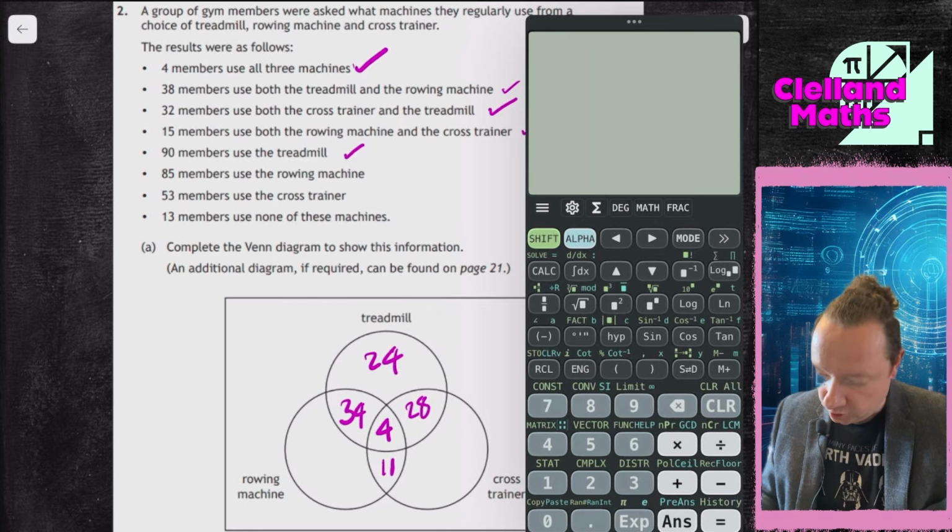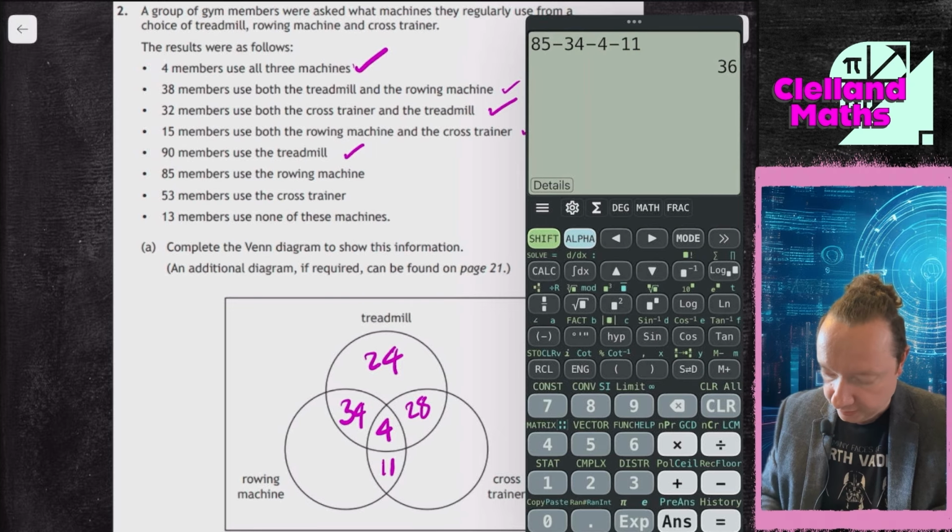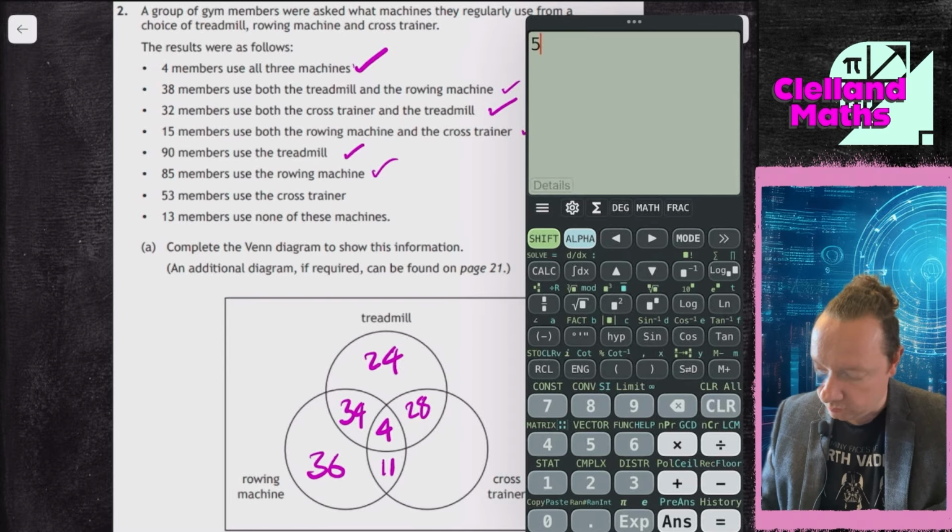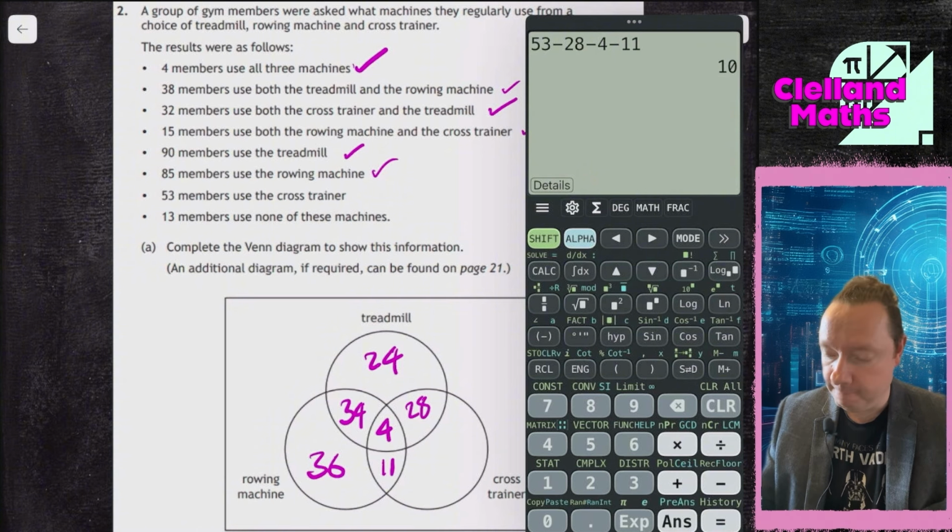So again, for the rowing machine, you've already got these numbers in its circle. So it's 85 minus 34 minus 4 minus 11, leaving 36. And then finally, 53 used the cross trainer. So it's 53 minus all of these numbers, 28, 4, and 11, which gives me 10.